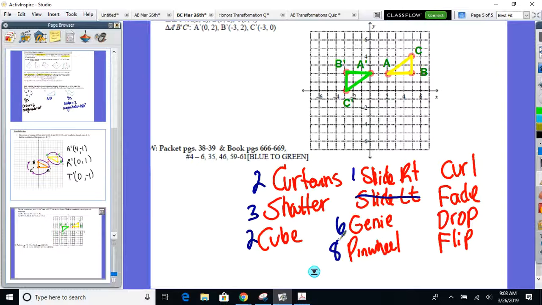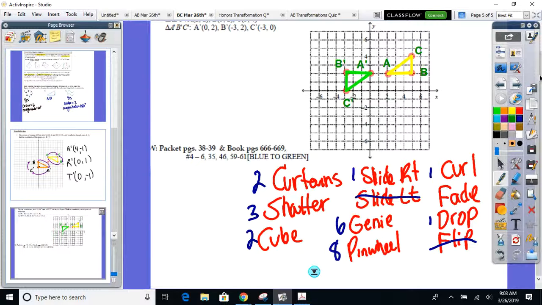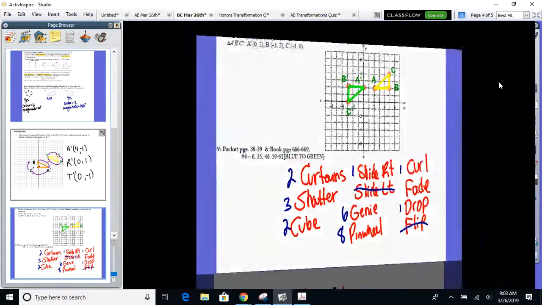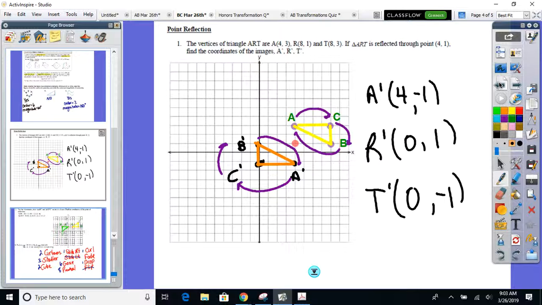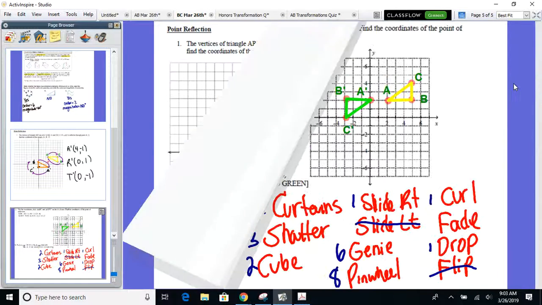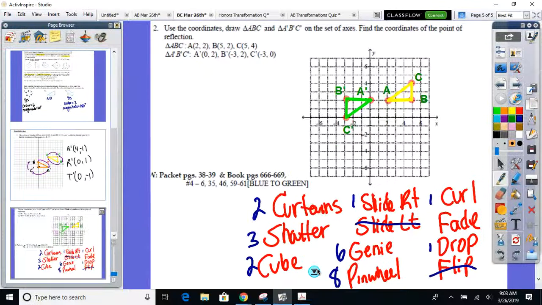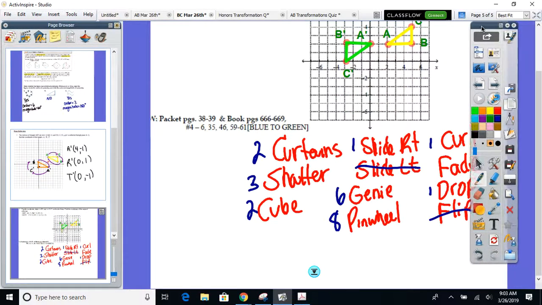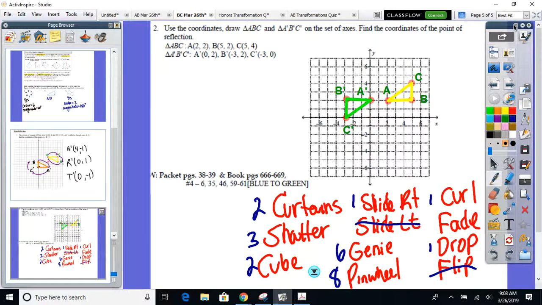Curls. Fades. Drop. Flip. All right, we ready? Pinwheels or Promethean Man? Everybody ready? The old flip. That was the old flip. That nobody had at the end. Nobody had. Well, good try. Guys are slacking lately. Start the year off strong, and boom, nothing.